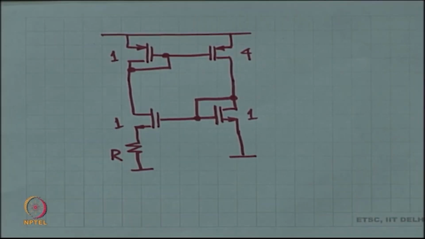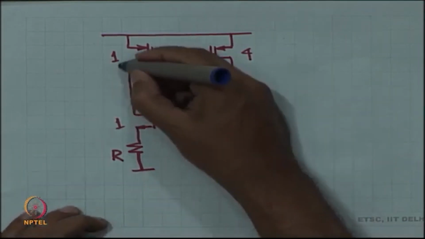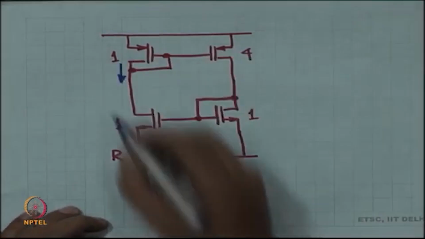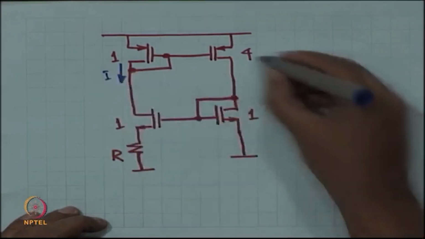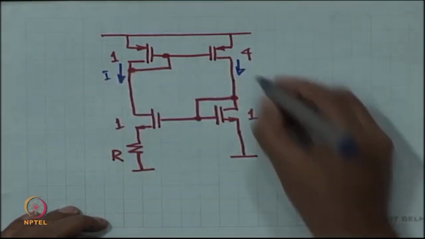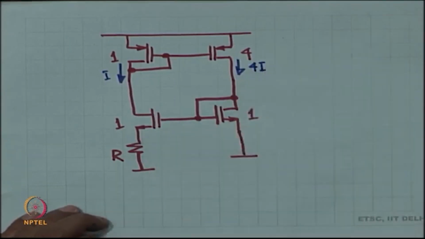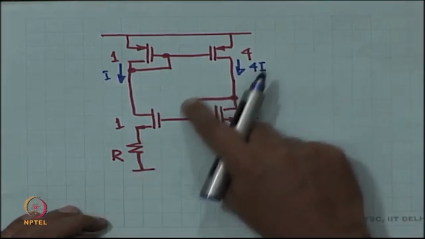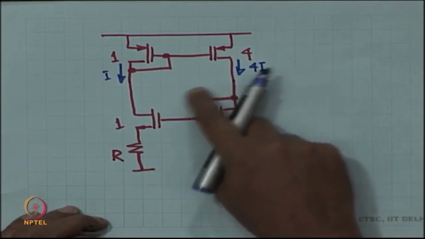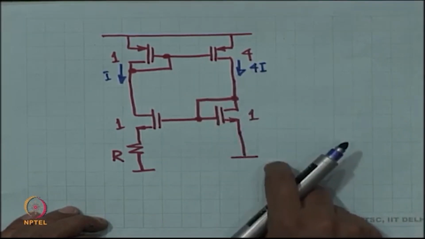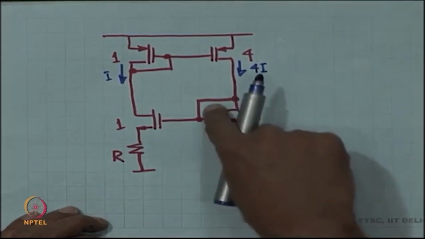How is this going to work? So, let us start with the PMOS. If I have some current over here, I, then the current on the PMOS side is going to, on the other side is going to be 4I. This 4I current, that is the reference current, it is going to create some voltage drop VGS, right.